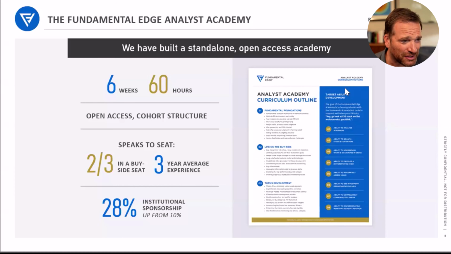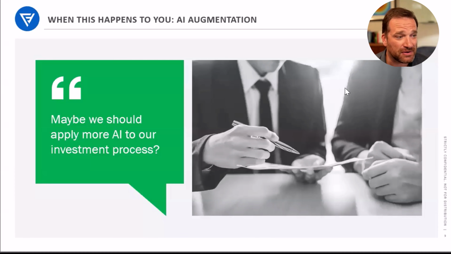This thing called AI popped up a few years ago. I didn't know the first thing about it when Kris Bennatti and team were building finance LLMs back in 2019, but it's become a really hot thing, obviously, in the last 9 months. And a question people are now asking is maybe we should apply more AI to our investment process.